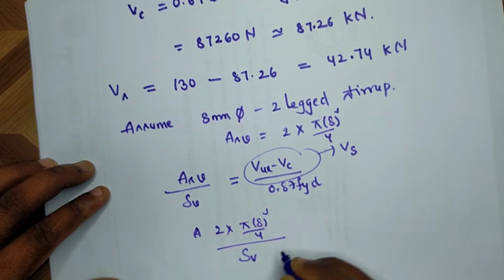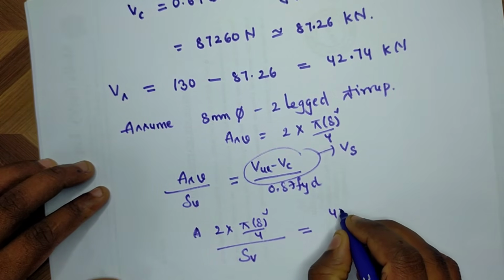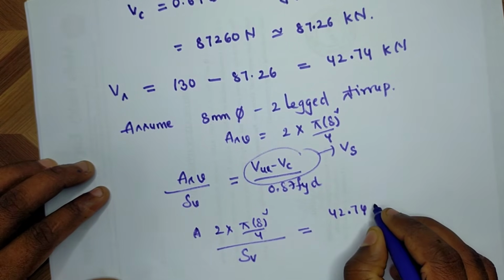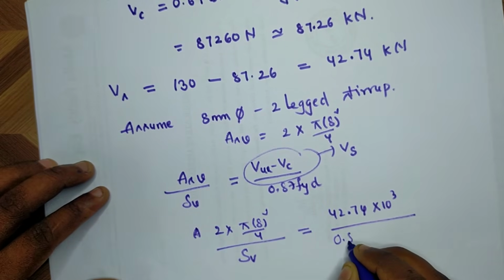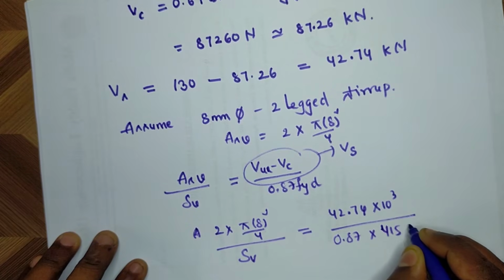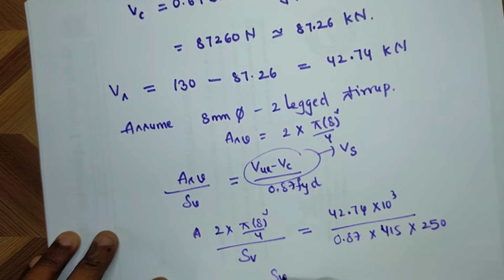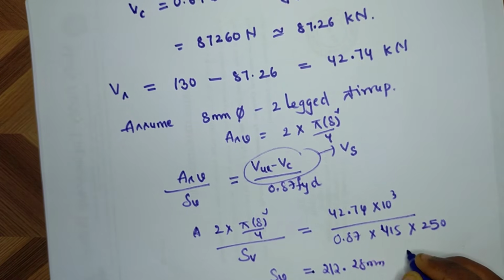We need to determine the SV value. VS value we already know, 42.74 into 10 cube divided by 0.87, FY is 415 and D is 250. From here you can determine the SV value as 212.28 mm.